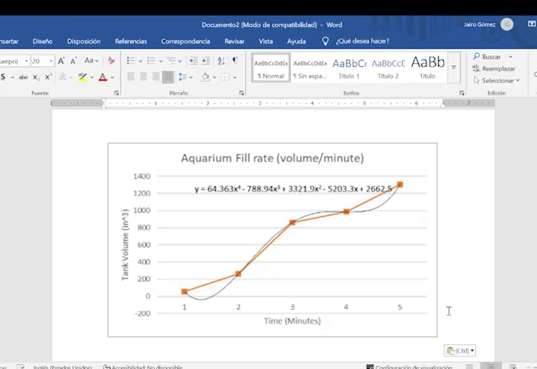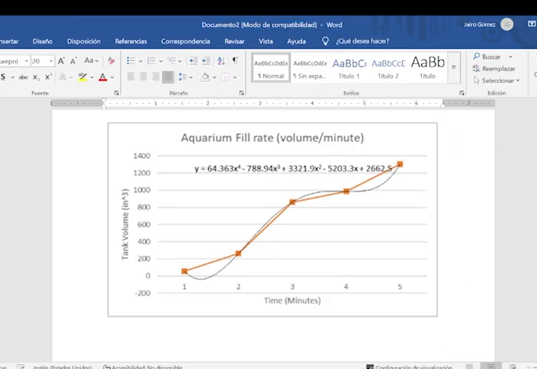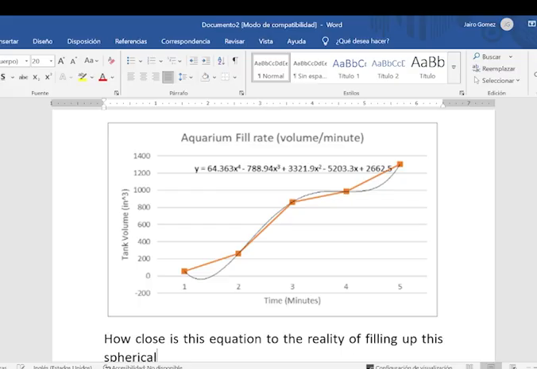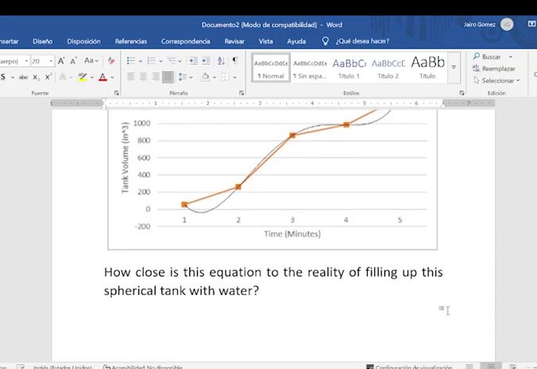But now the question is, how close is this equation to the reality of filling up this spherical tank with water? Well, I'll demonstrate that.